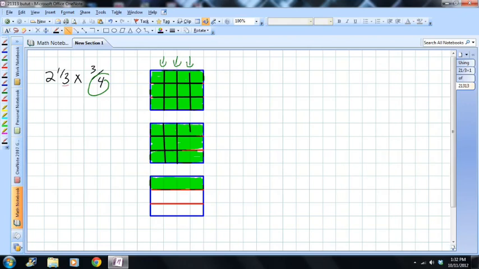And then my last one. Now, my fraction is 3/4, so I need to shade 1, 2, 3 of those 4 columns from top to bottom.